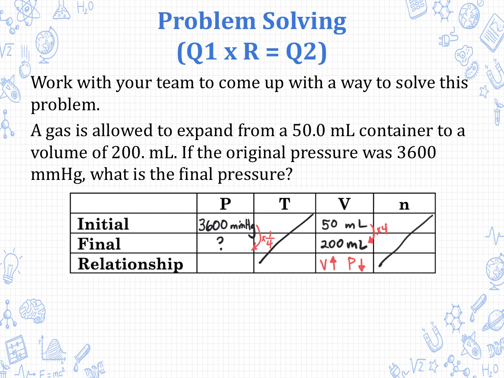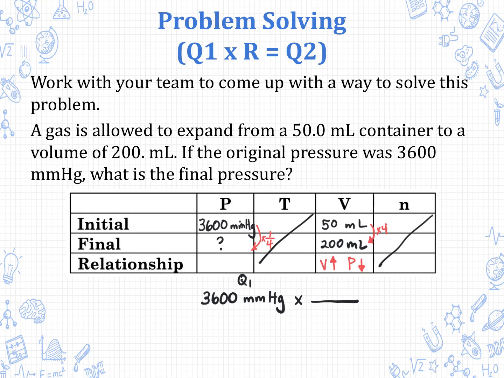So I'm going to take my quantity 1, and a quantity, remember, is a number with a unit, and we only have one number and one unit for pressure. So this is my quantity 1, and I'm going to multiply it by a relationship. Well, we're going to get our relationship from the variable that we know 2 pieces of. We know 2 different milliliters.